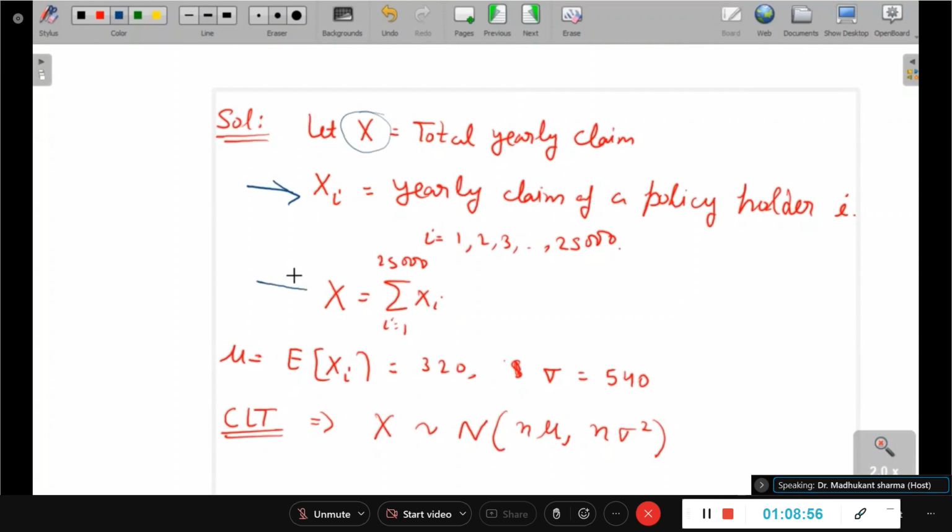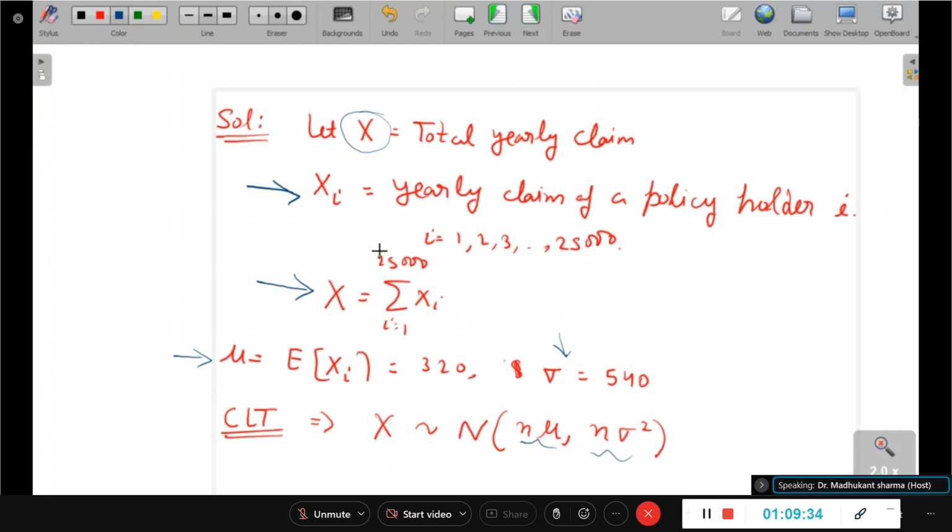So X equals the summation of xi for i equals 1 to 25,000, where each xi has mean mu 320 and standard deviation sigma 540. The central limit theorem says, because I have told you the sample can be treated as IID values, and n is very large, 25,000 policy holders, X can be approximated as a normal distribution with mean n times mu and variance n times sigma square.